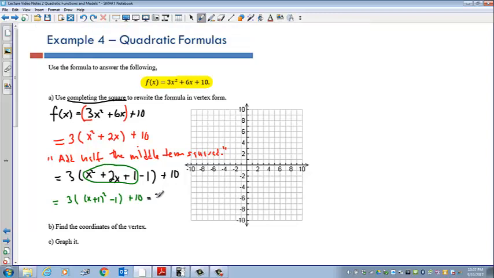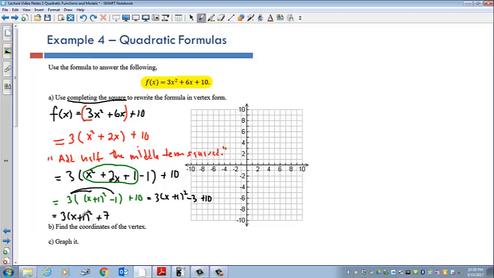Just distribute 3 through, so it goes there and it goes there, and then minus 3 plus 10. Of course we can combine like terms, so that minus 3 and plus 10 give us 3 times x plus 1, quantity squared, and then plus 7.